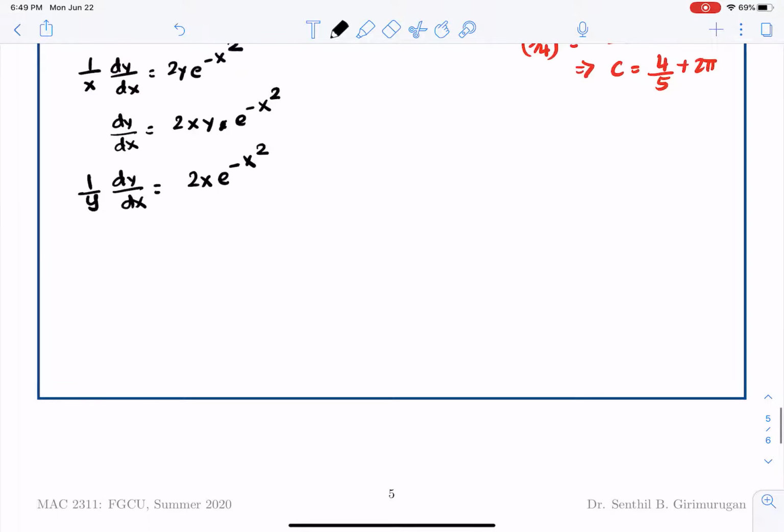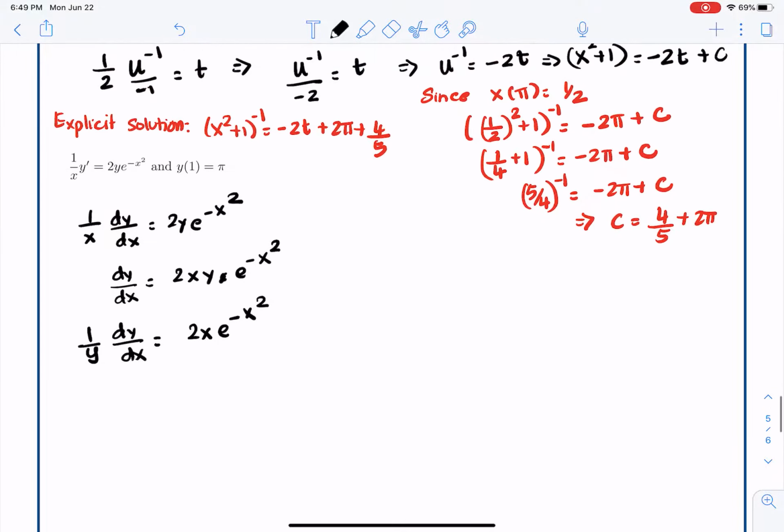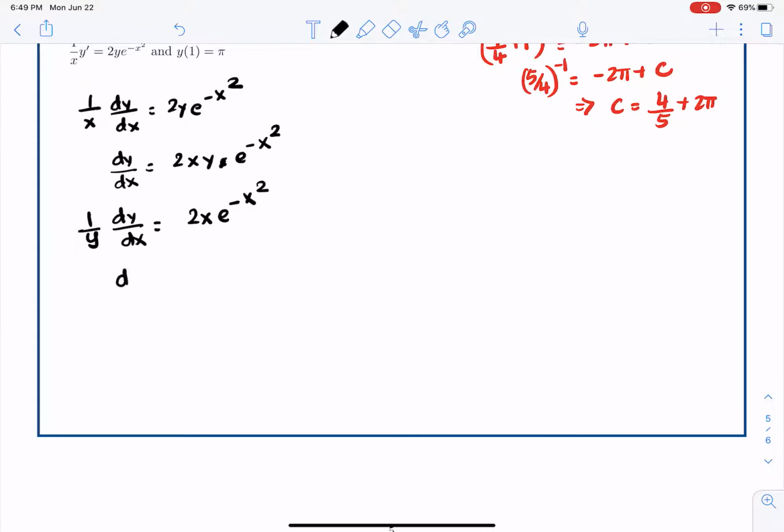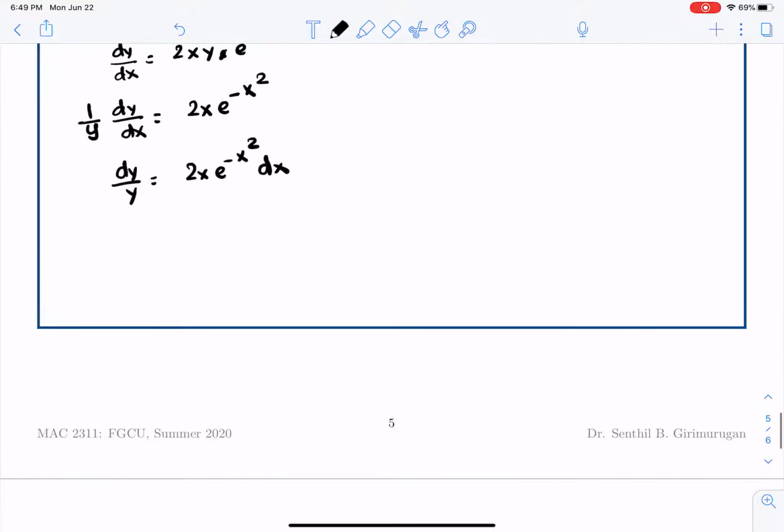Multiply by dx on both sides. Now we have separated the y terms and the x terms.